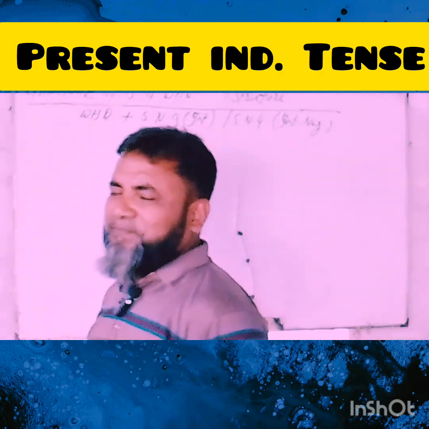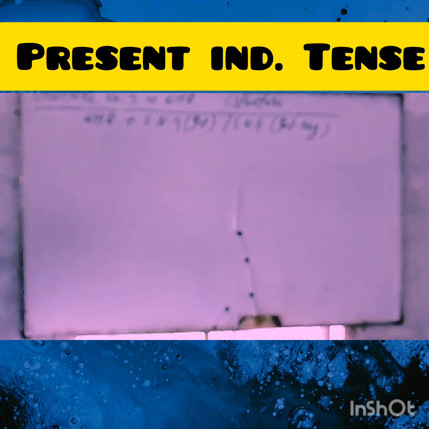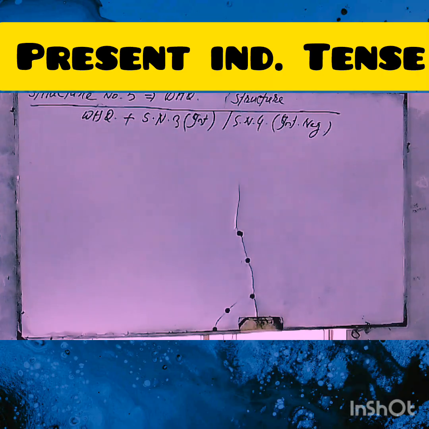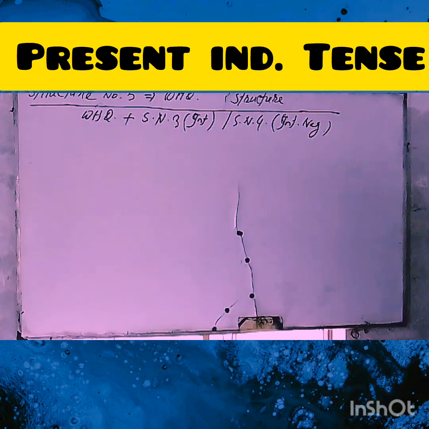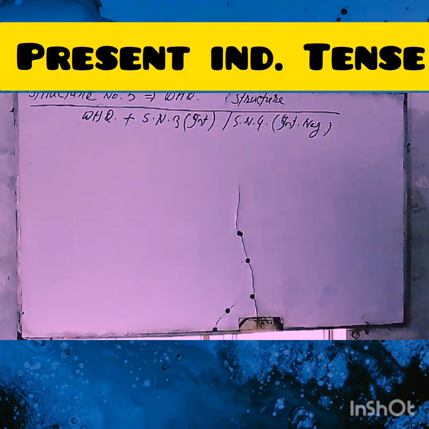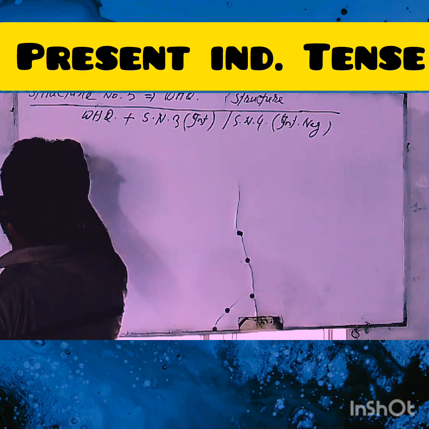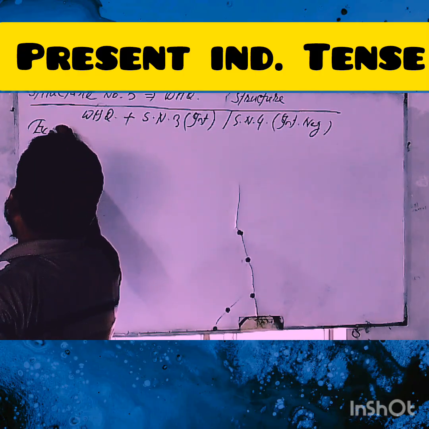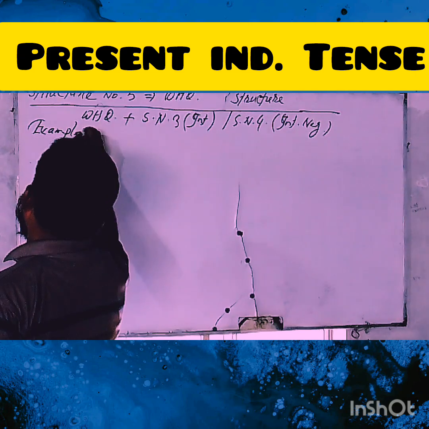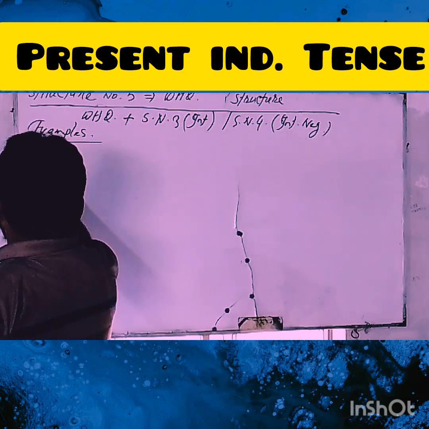Okay, learners, hope that you have understood clearly. When you are going to form a sentence with a WH word, you have to use this structure, especially in present indefinite tense. Suppose with the reference of this structure, I'm trying to write some examples. So, my dear learners, take a look at the board and try to understand.